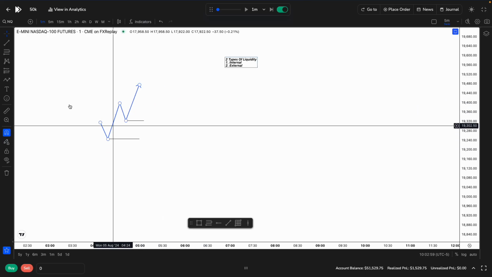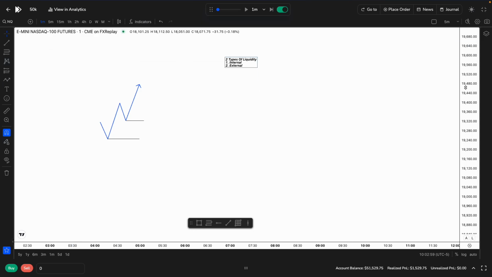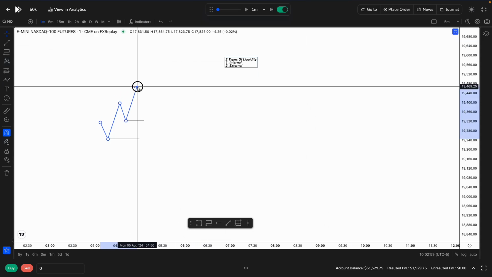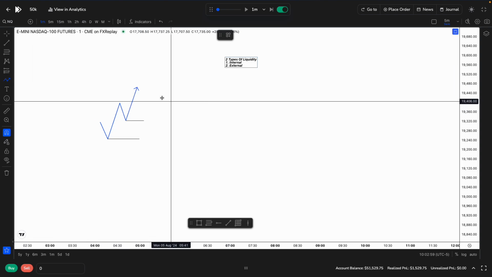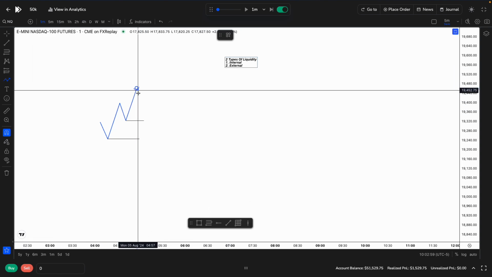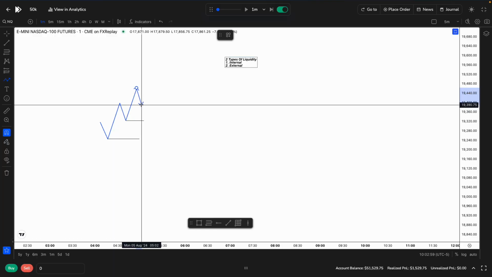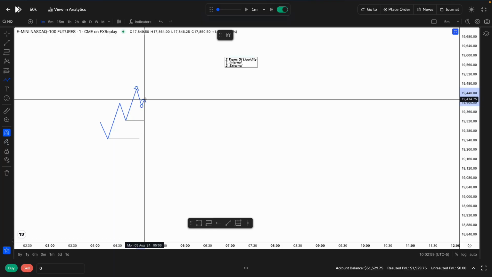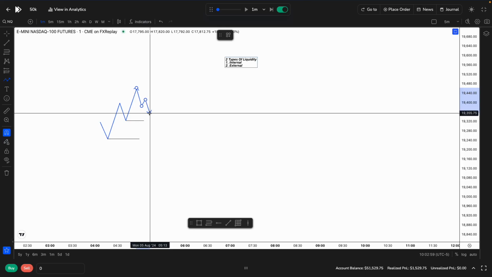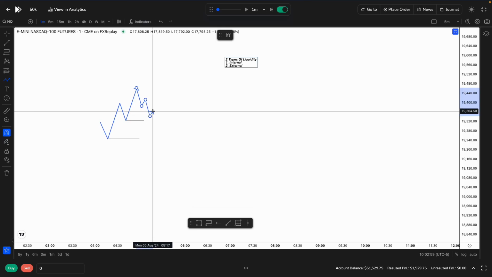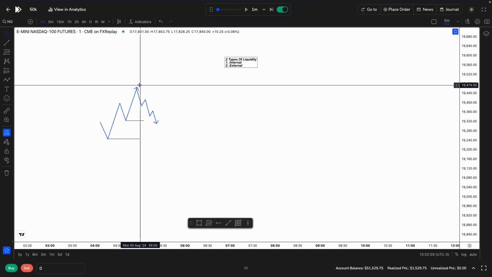Now the different types of lows that we have, say we've got these marked up. Let's say we then come to here.